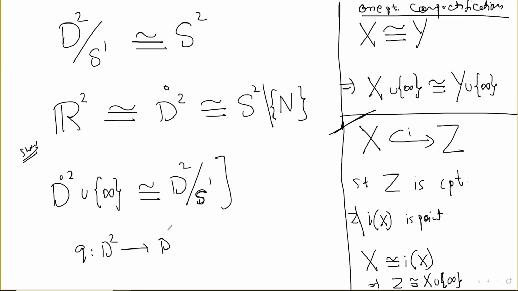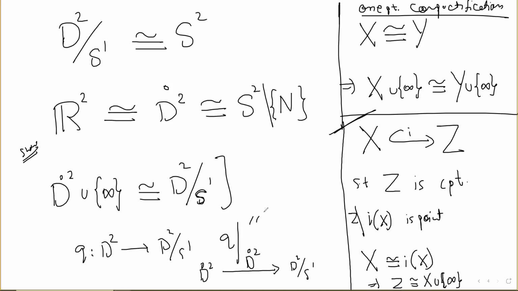So you have this map, right? And now you take this map and you restrict this Q onto the open disk. Upon this restriction, you get a map from here to here.